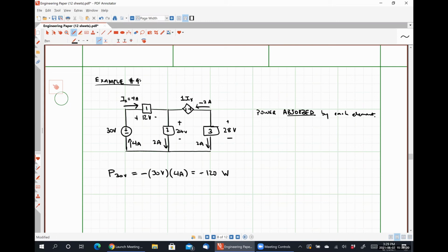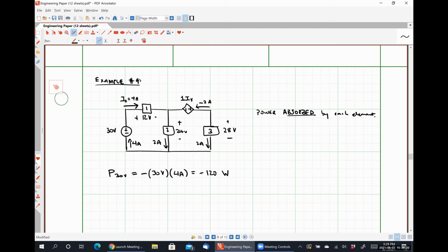So Dr. Hartman, the power is absorbed because the current is going through, but you have to add the negative sign because it's going into the source through the negative terminal. That is exactly right. So the negative sign is because the current is flowing into the negative terminal, and we are trying to determine the power absorbed by each element.